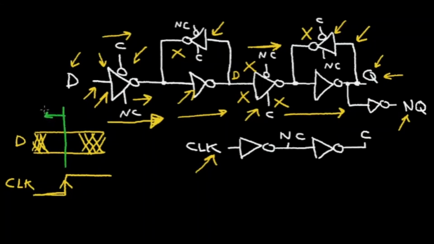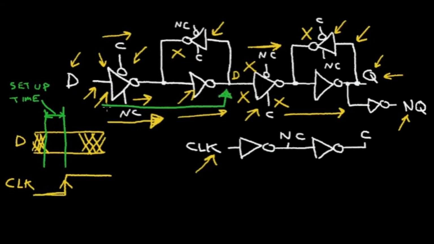The data has to be stable ahead of this clock signal changing from low to high. And this time period is called the setup time. So this data has to be stable before this clock transitions high. And that allows the data to propagate through to this point here.